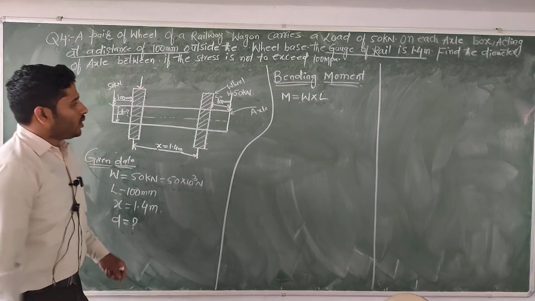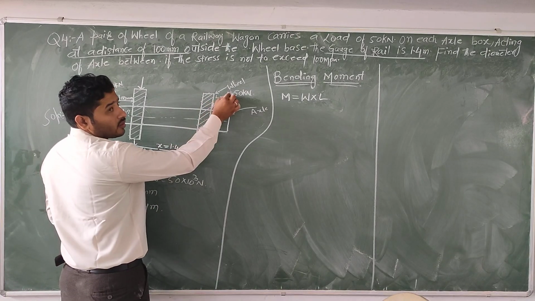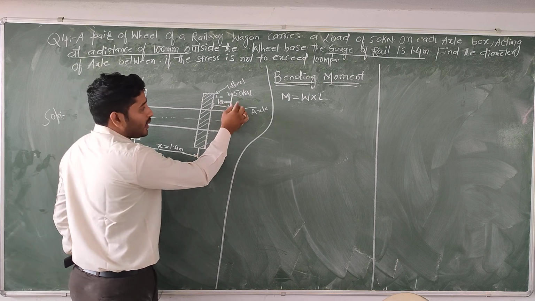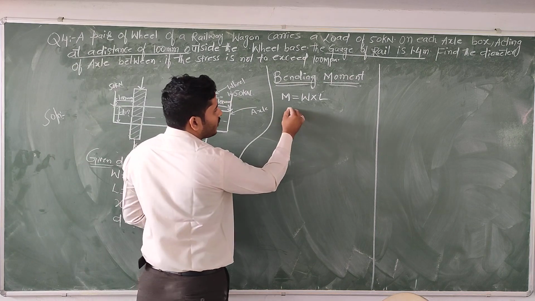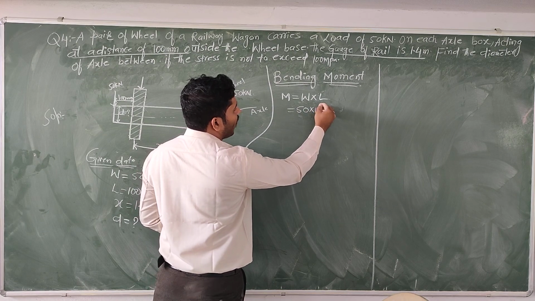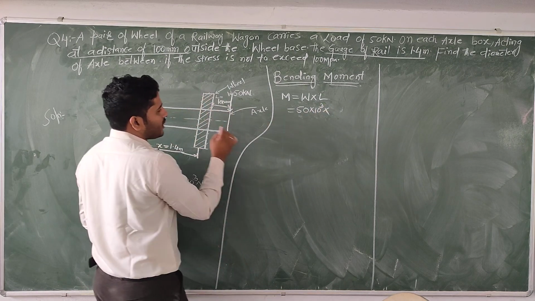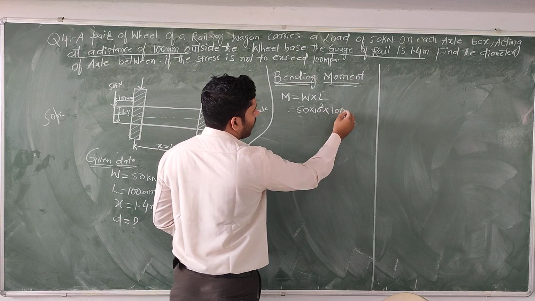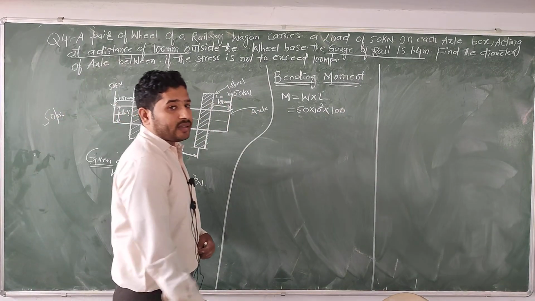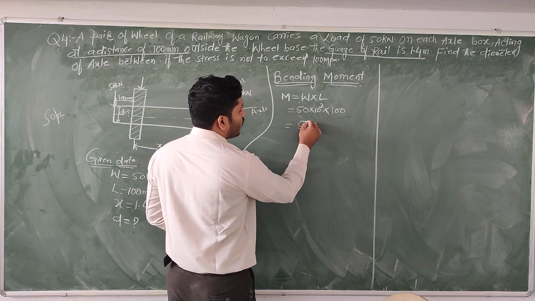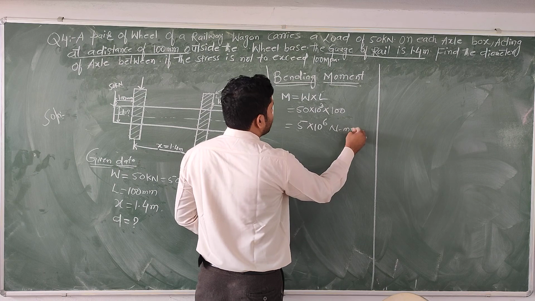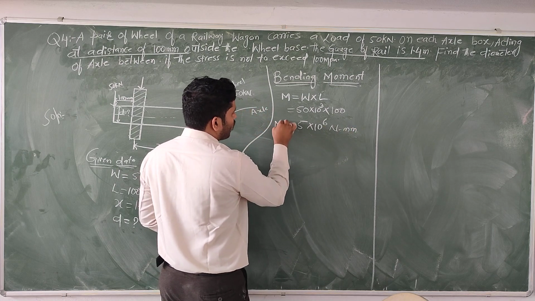The load is acting 100 mm away from the wheel. The load is 50 kilonewton, 50 into 10 power of 3, into the length of 100 mm. If you multiply, you get 5 into 10 power of 6 Newton mm. That is the value of the bending moment.